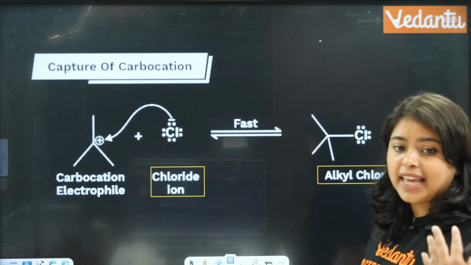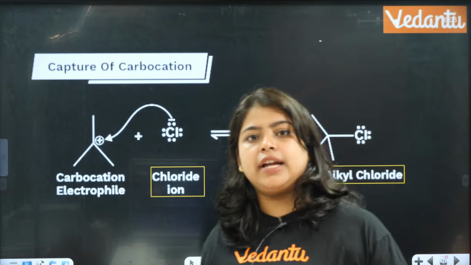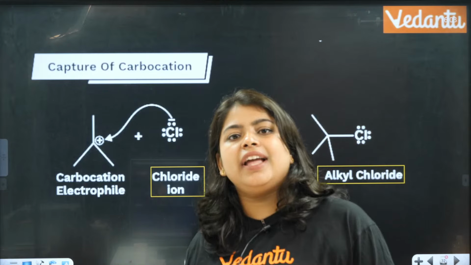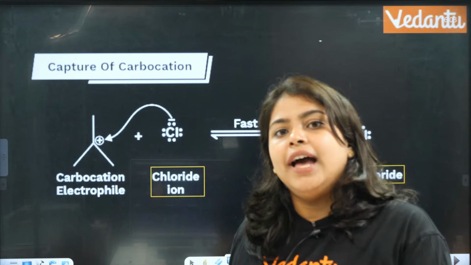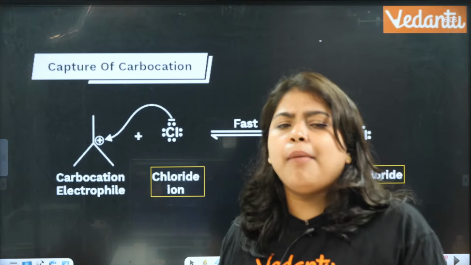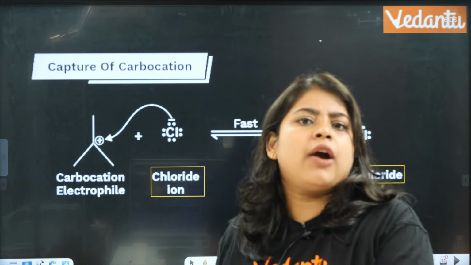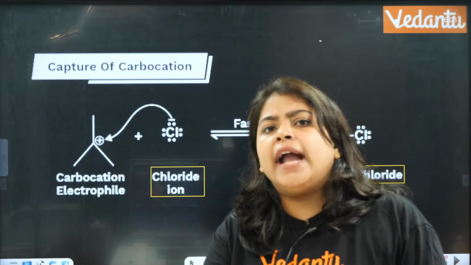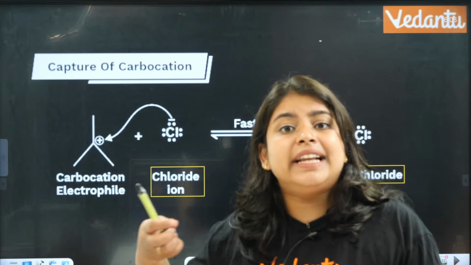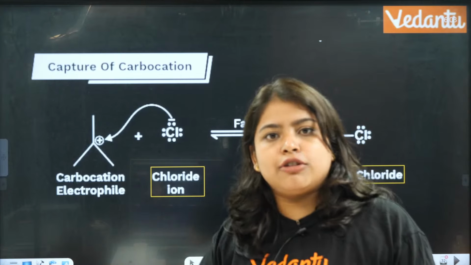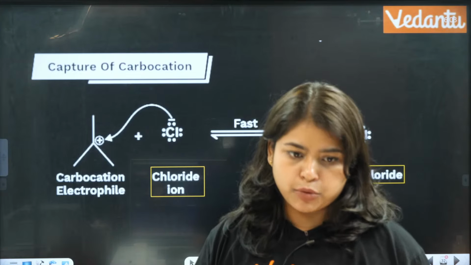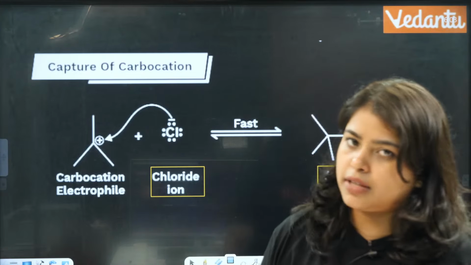Clear? If chlorine is electron withdrawing, then hydrogen is connected to chlorine; the hydrogen gives its electron to chlorine and chlorine attaches to the carbocation. Then we remove water, removing the hydrogen completely. In the last procedure, after removing hydrogen, we again capture the carbocation.